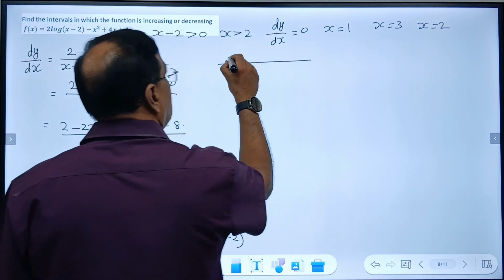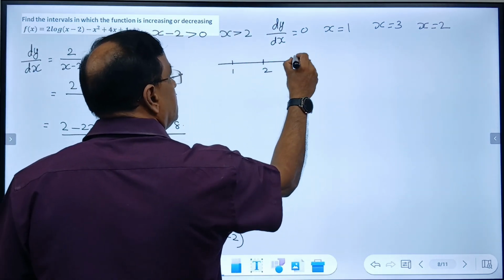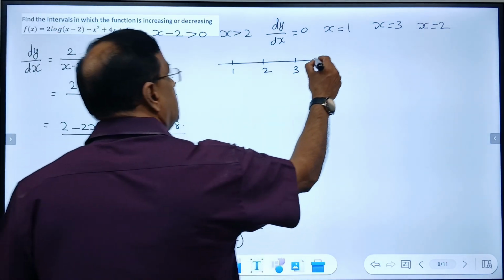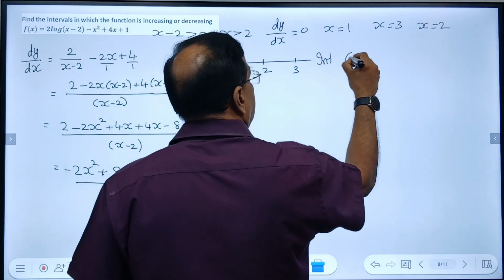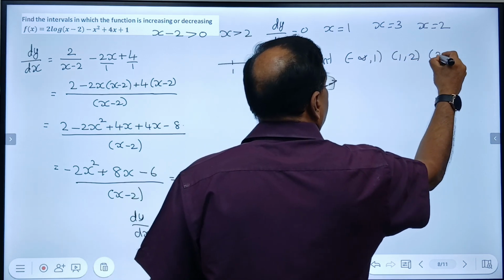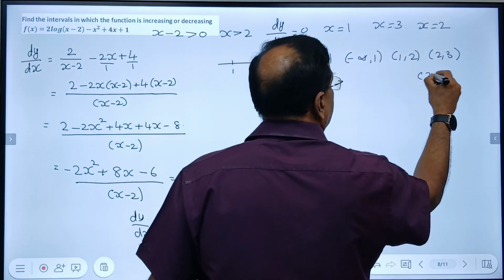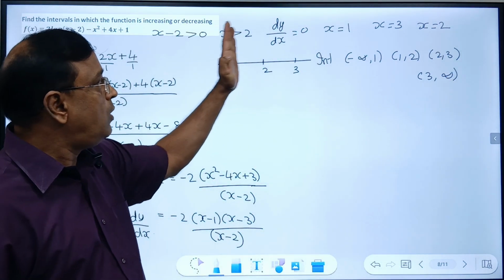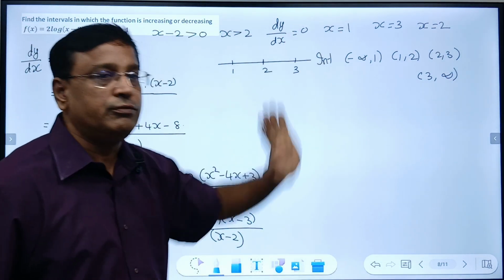Okay. So first let's do that. Then I will write 1, then 2, then 3. Now what are the intervals? The intervals are minus infinity to 1, 1 to 2, 2 to 3, and 3 to infinity.